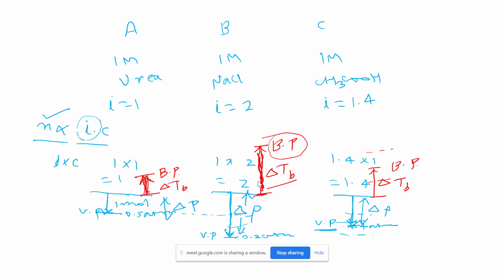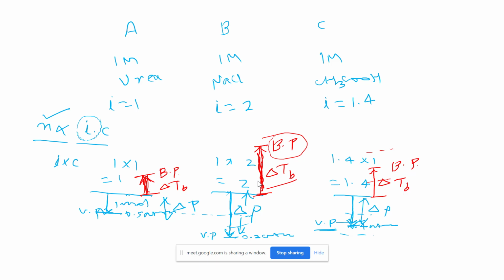So here we can observe this thing. If any quantity is increased, then the change will be directly proportional to the final value. If the change is more, then the final value will be more. And if any property is decreased, then the change is maximum for the minimum value. If the change is maximum, then we are getting the minimum value. Both are opposite. So boiling point is elevated: when the change delta TB is more, the boiling point is more.